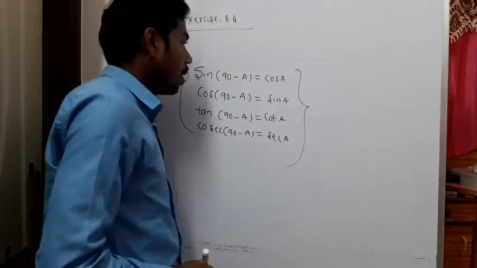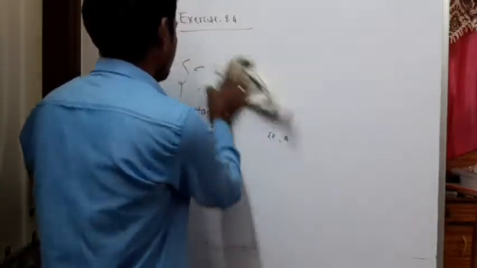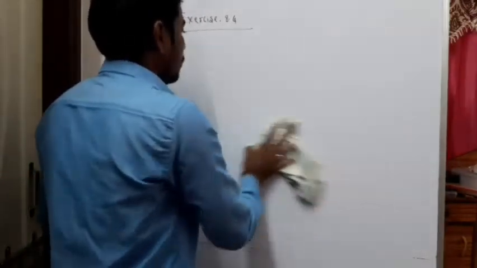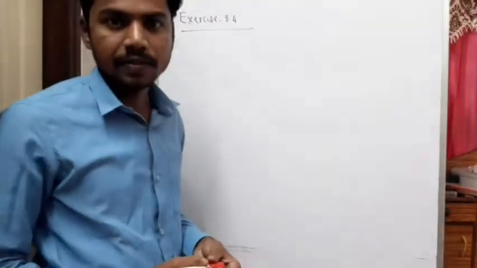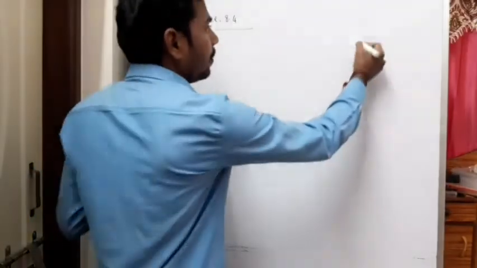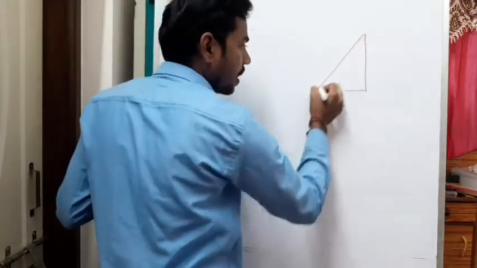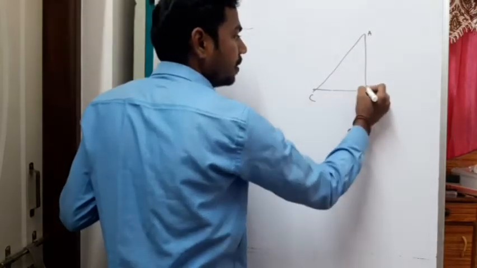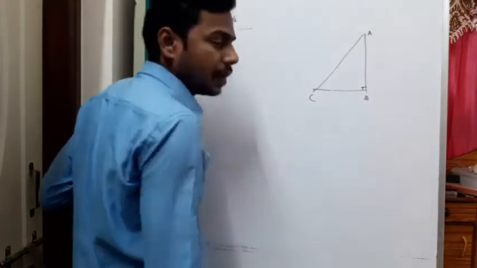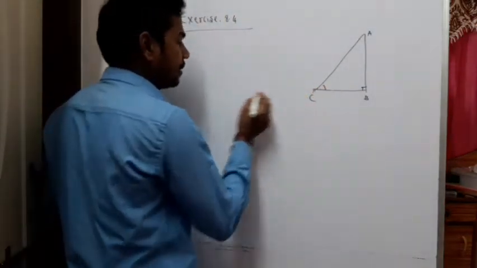Now we'll go through different trigonometric identities which are important. If I consider a right angle triangle ABC, which is right angled at B, how will I define sin C?